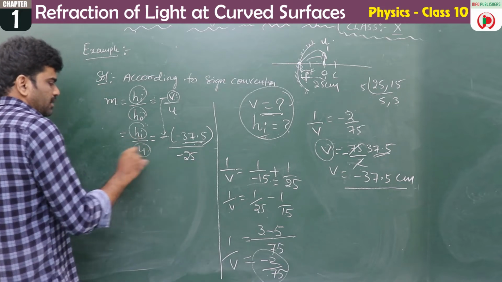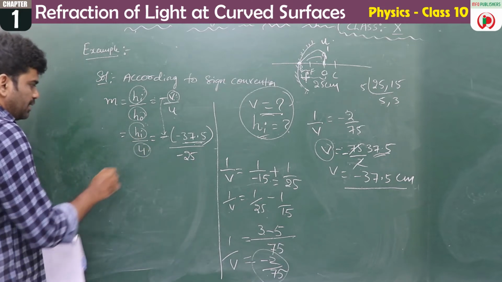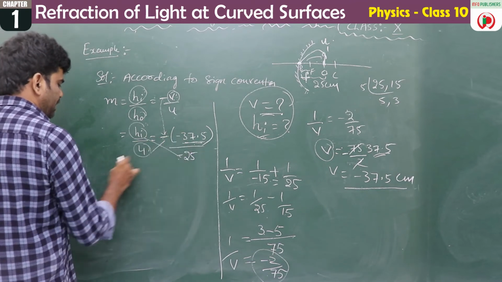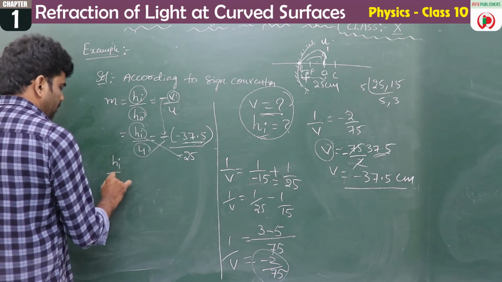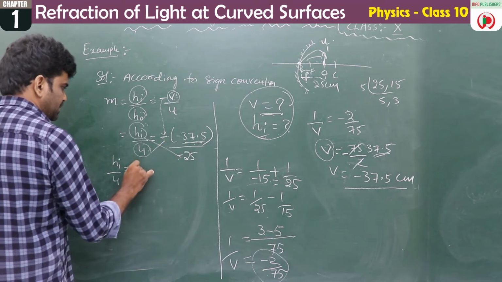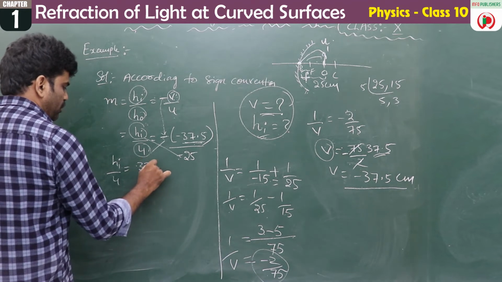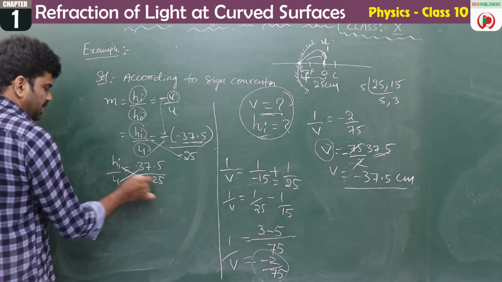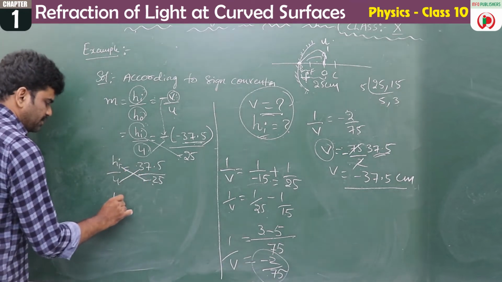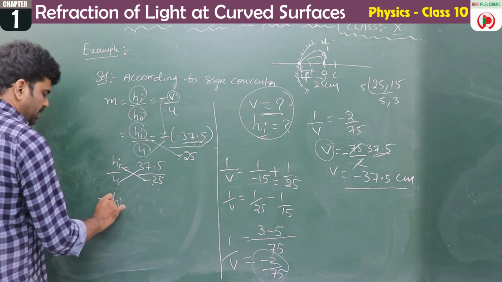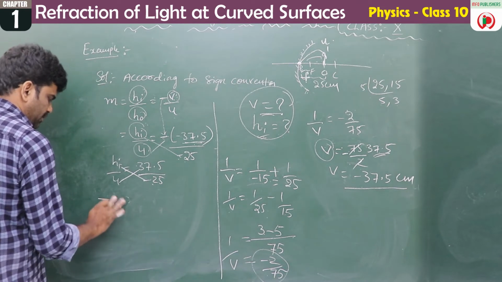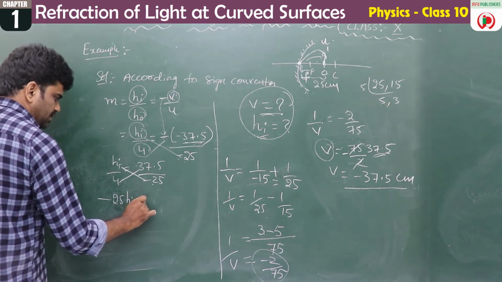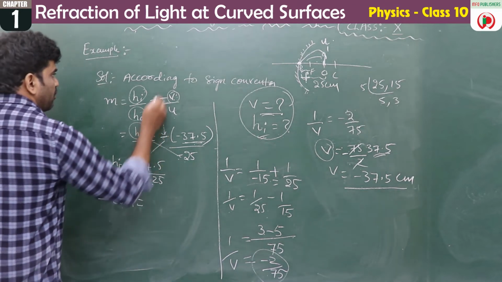Okay, so on simplifying, just cross multiply this. Before cross multiplying, minus into minus is plus. So hi by 4 is equal to plus 37.5 by minus 25. Just cross multiply this. So minus 25 hi is equal to 4 into 37.5.